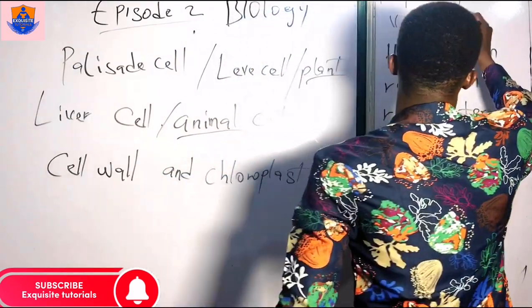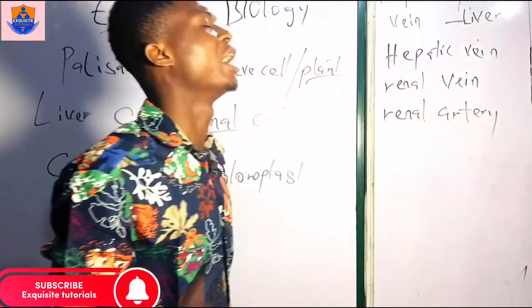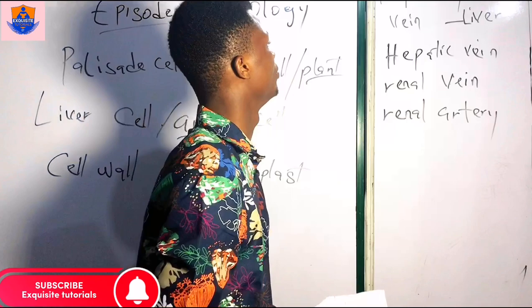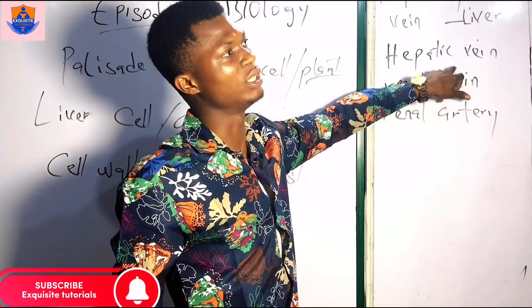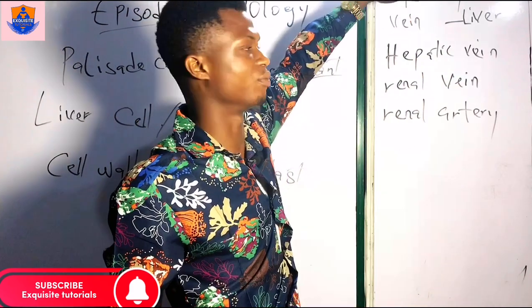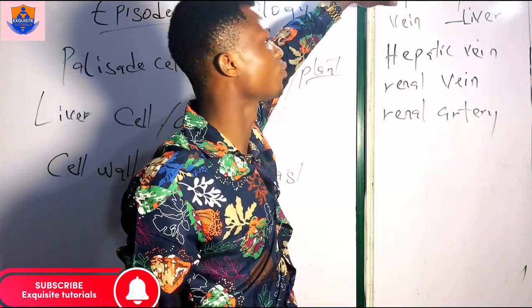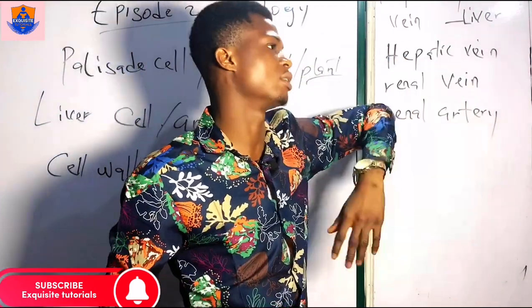Hepatic, to the liver. This is the work of the hepatic portal vein. Now, the hepatic vein itself carries deoxygenated blood out of the liver, taking it back to the vena cava. That is the work of the hepatic vein.